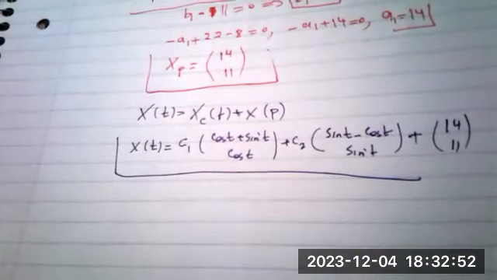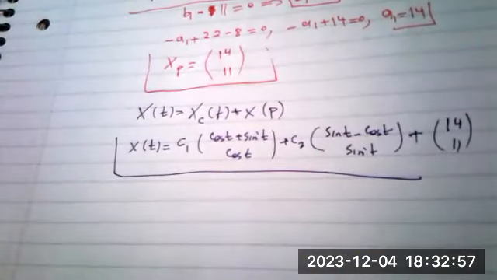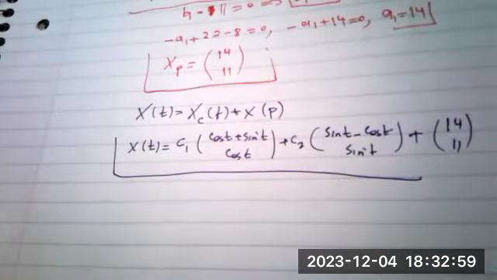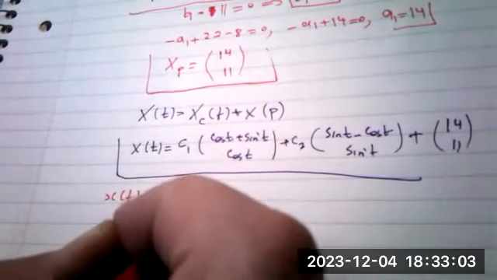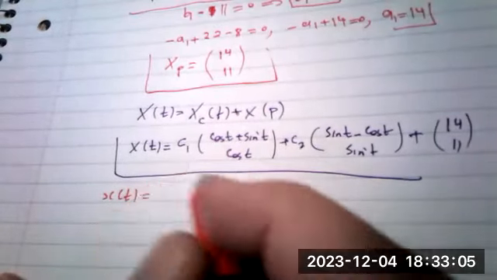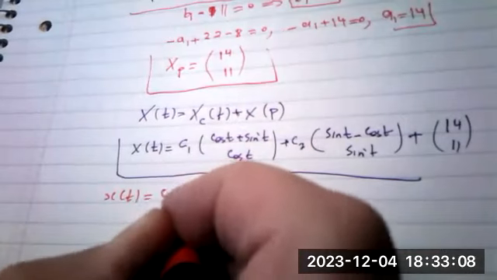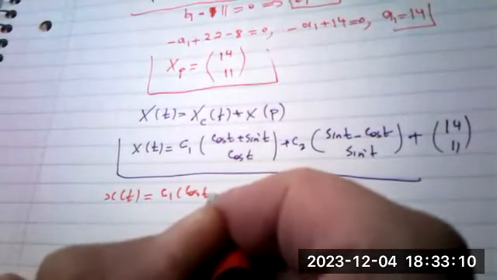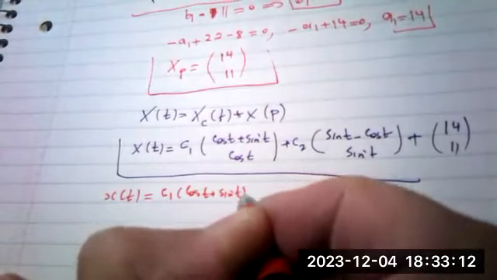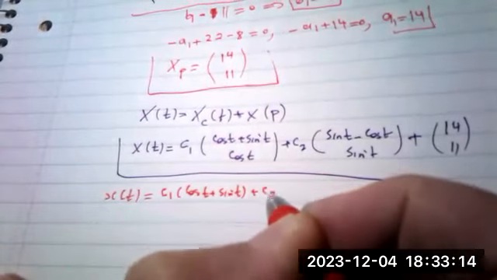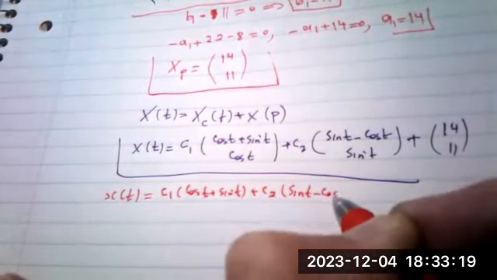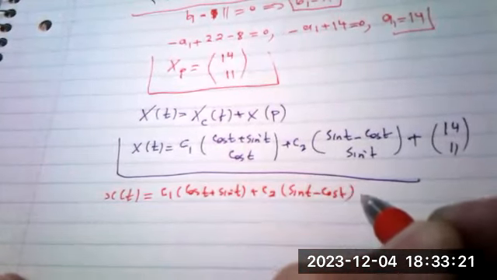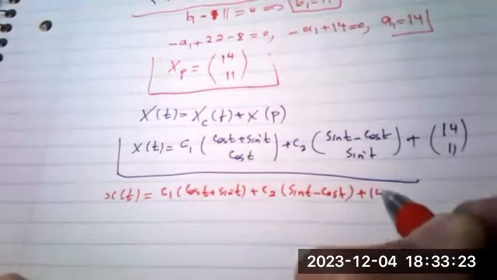In case they ask for the components, this is the way you do it. In this case, matrix form is accepted. If you want to find the components, x of t is going to be c1 times cosine of t plus sine of t, plus c2 times sine of t minus cosine of t, plus 14.